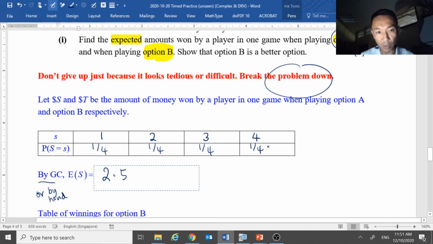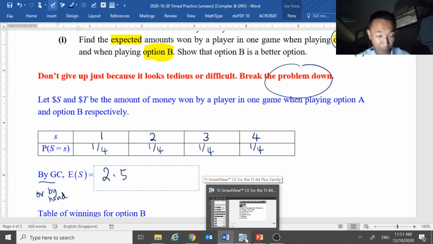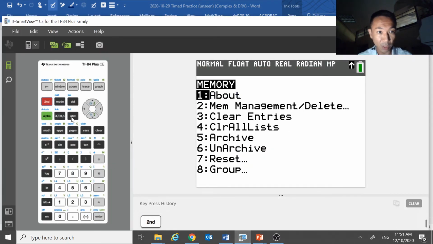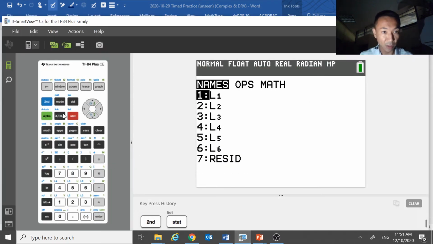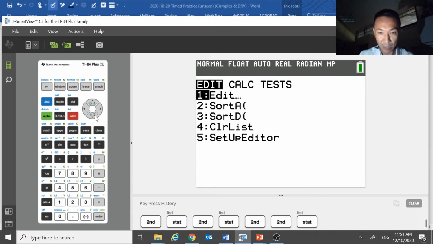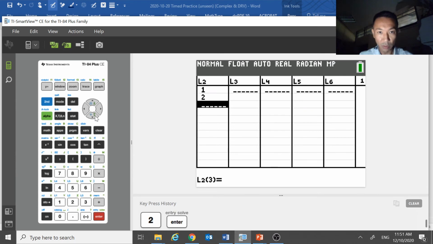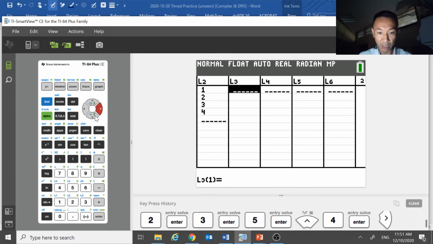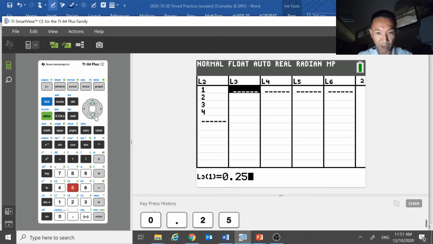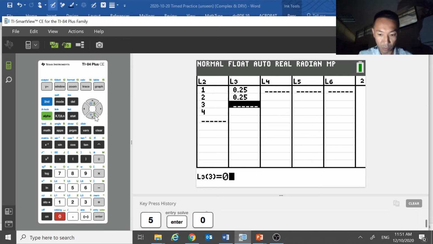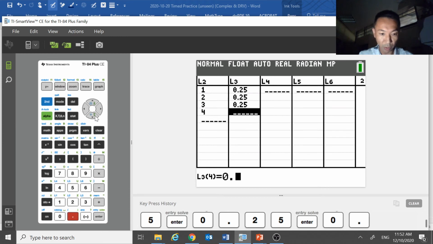I'm just going to quickly show you how you're going to use your GC to do this. Later on in part 2, you're also going to do that. Okay, press stat, list. You can enter 1, 2, 3, 4, then 0.25, 0.25, 0.25, 0.25.